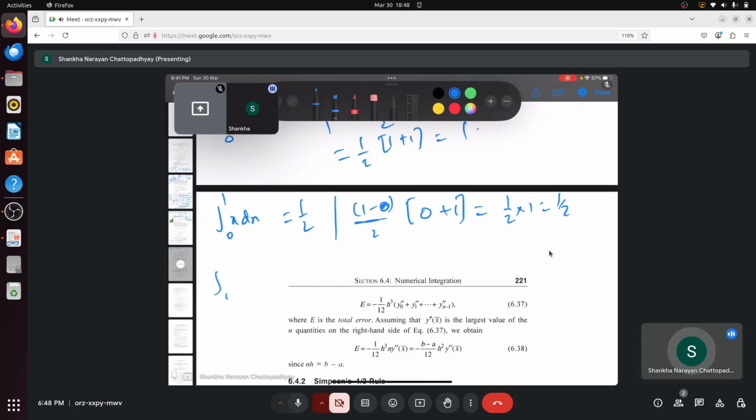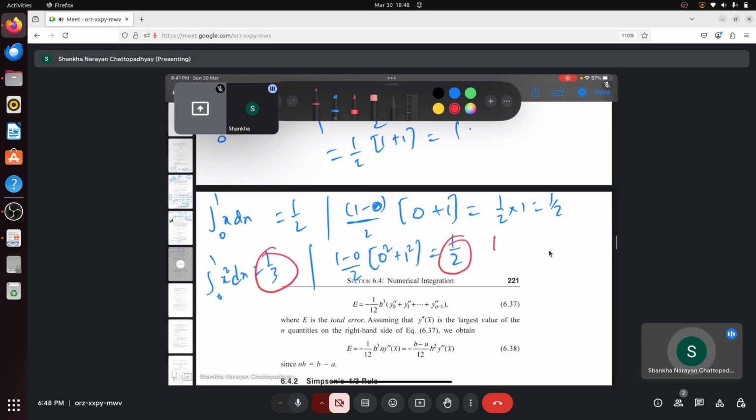Now will it give the correct answer for the integral of x square dx? The answer is 1 by 3. This will be 1 minus 0 by 2, that is 0 square plus 1 square, so that gives you 1 by 2. So these two are different, which means the trapezoidal method is actually a first order method.